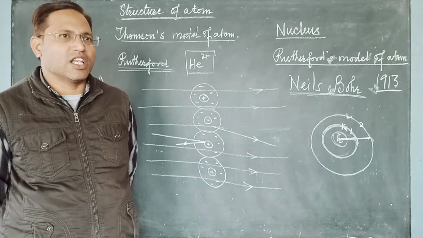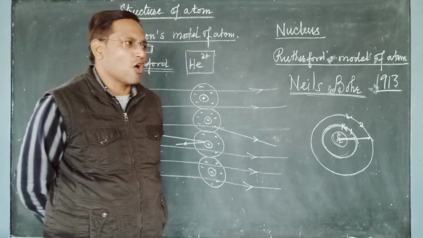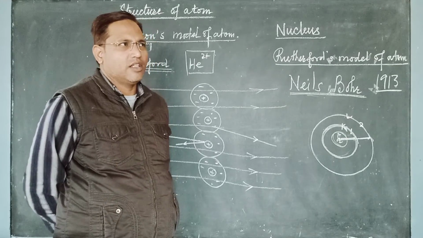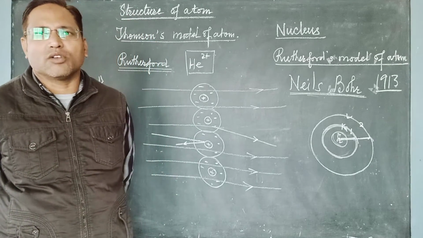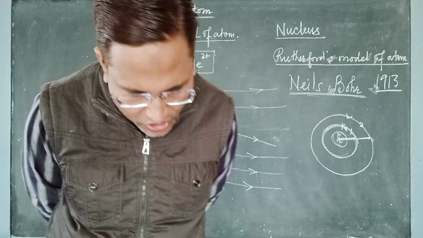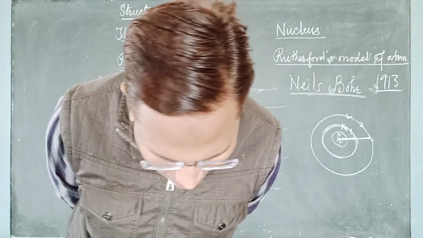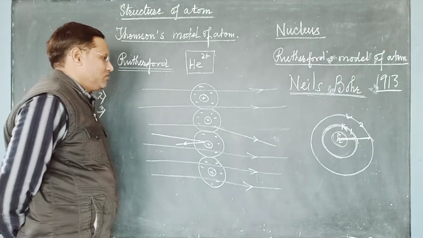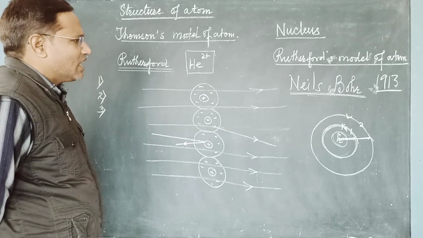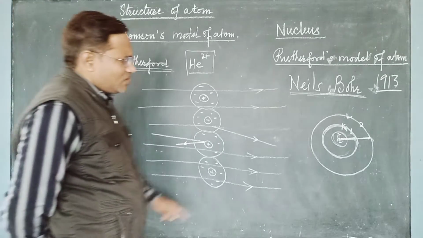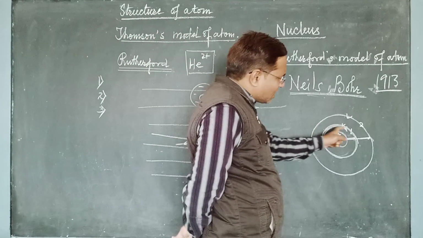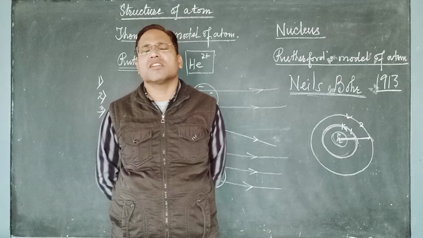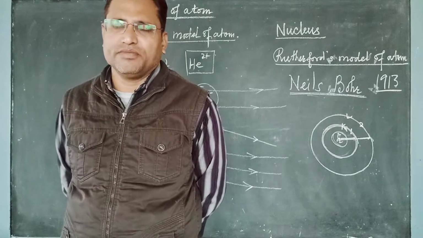Each shell has some limit on how many electrons it can hold. Next point, he told that each energy level is associated with a fixed amount of energy.